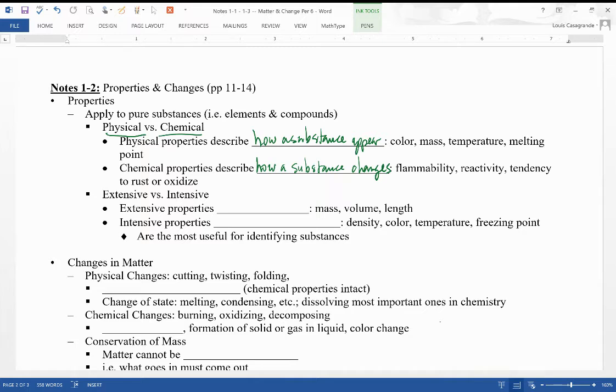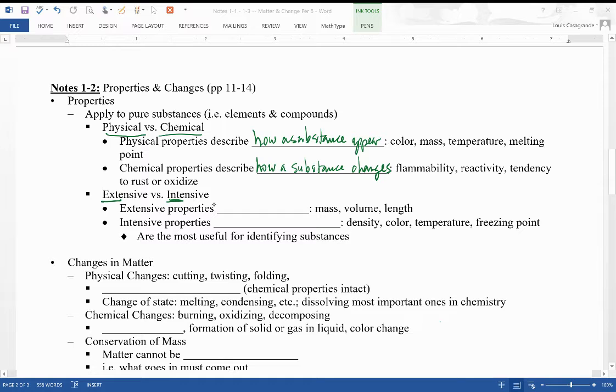The other property dimension that we can talk about is extensive versus intensive. And pay attention to the prefixes because those are going to be important. So extensive is a property that's really not necessarily a property of that material. It's outside of the material, ext being outside.